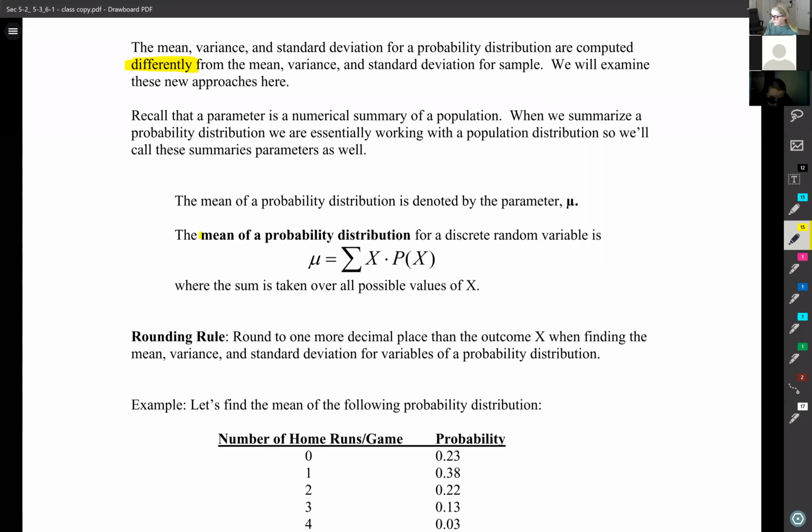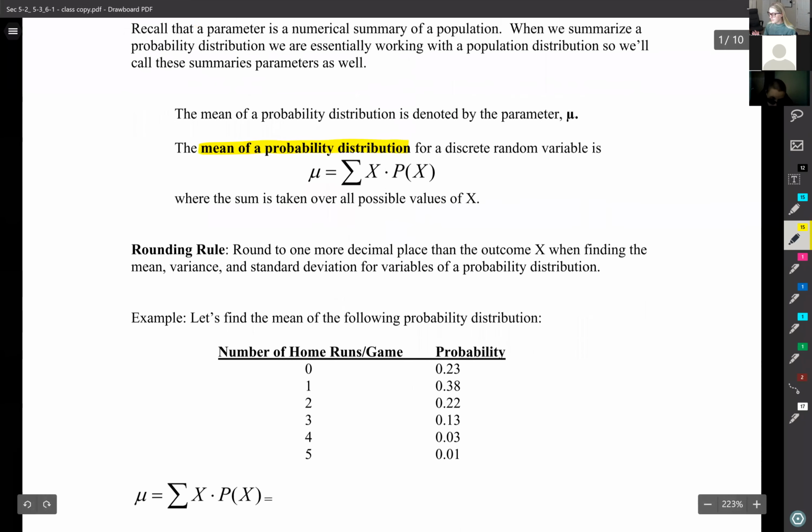It's defined to be mu equals the sum of x times p of x, where the sum is taken over all possible values of x. So if you have a discrete random variable and we want the mean of that distribution, we take each possible value of x and multiply it by its corresponding probability, and then we sum all those up, and that gives you the mean.